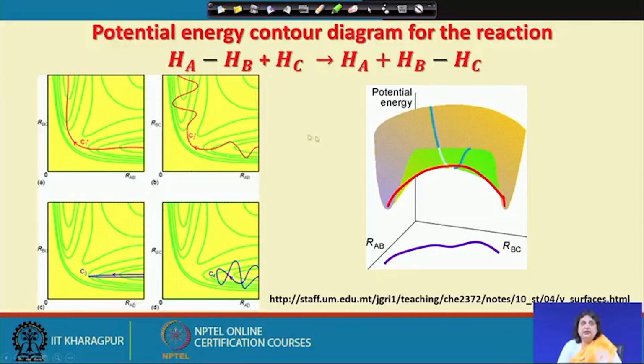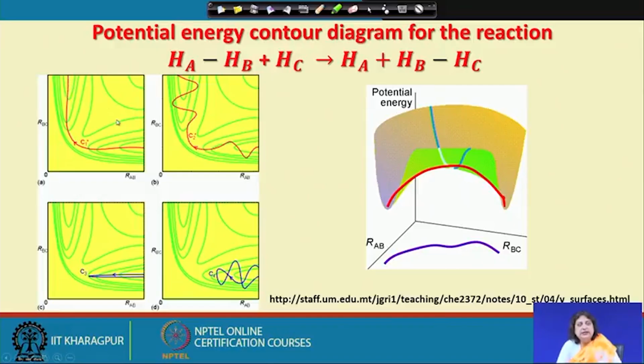When the reaction takes place, the system, for example, starts from the reactant potential energy well from here, then climbs up the energy hills. So, if you come from this region to this region, you are going from lower energy to higher energy. Then you pass through the saddle point and then you decay to the product state.